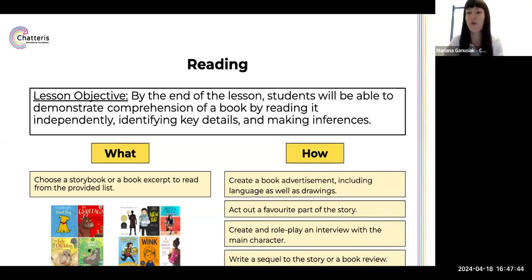I know that some schools have a very rigid curriculum and actually already have a pre-selected list of books that all students have to cover. But where possible, perhaps you can discuss this with your school team and see whether there is any flexibility.